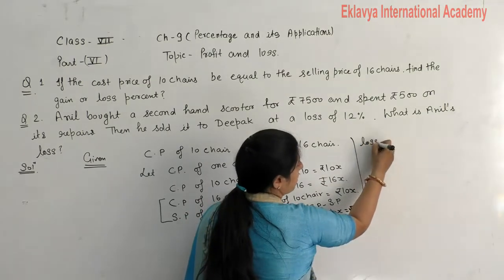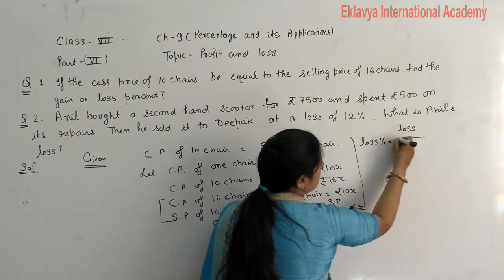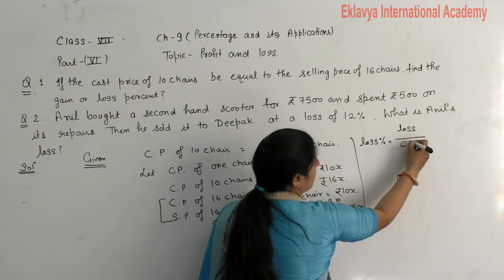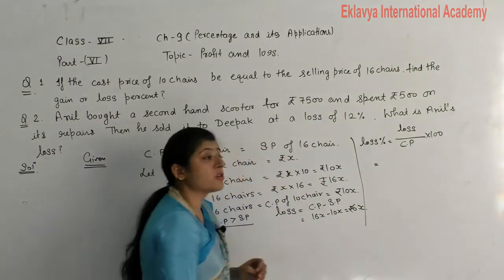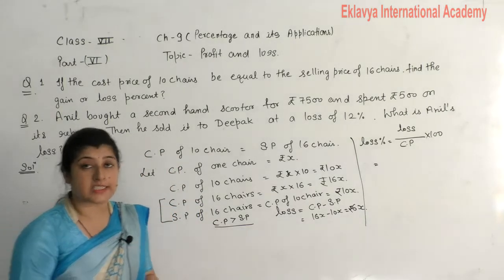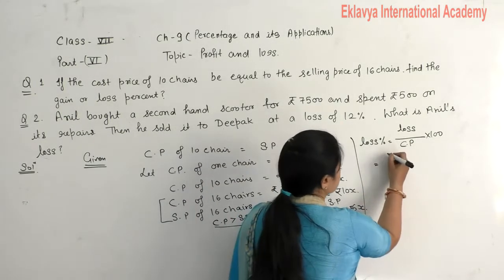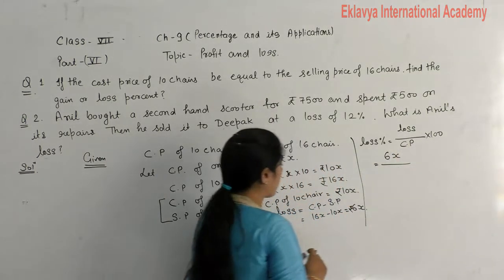Then what is the formula of loss percentage? That is equal to loss divided by cost price multiplied by 100. Loss or gain is always applicable on the cost price. So what is the loss? That is equal to 6x. And what is the cost price?